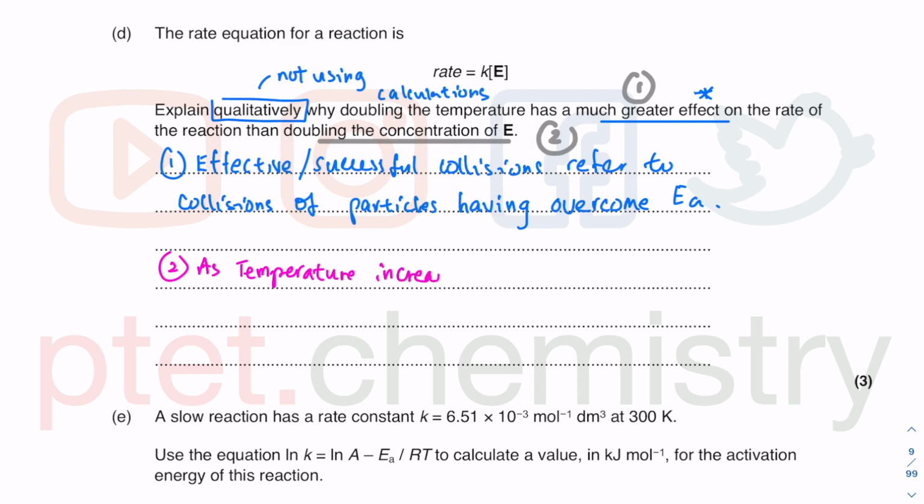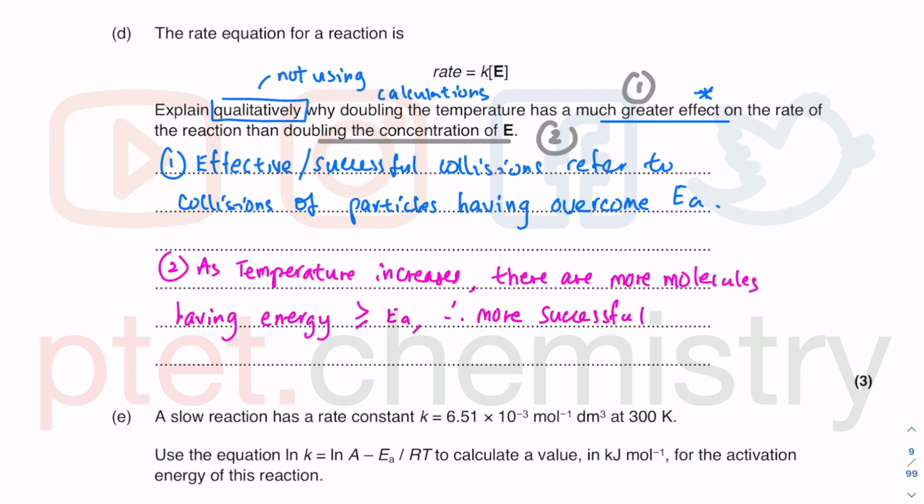The Boltzmann diagram, which describes the energy distribution of particles, there will be more molecules having energy greater than or equal to the EA, therefore more successful collisions or more effective collisions. So essentially, there are a lot more particles having enough energy to react there.